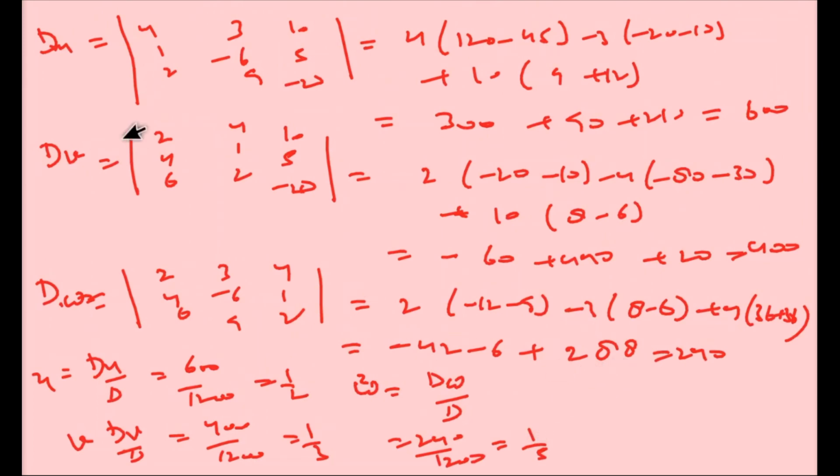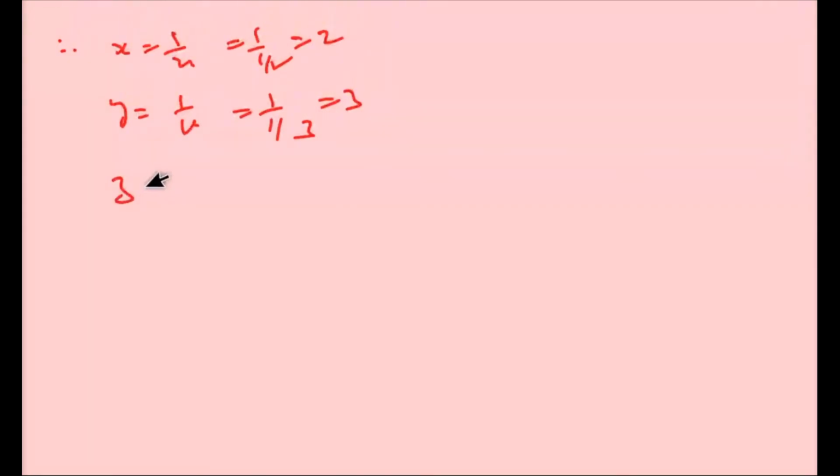Okay, hence we can get the value of x equal to 1 upon u, that is 1 upon 1 by 2 equal to 2, and y equal to 1 upon v, 1 upon 1 by 3 equal to 3, and z equal to 1 upon w, 1 upon 1 by 5 equal to 5. So students, our answer is x equal to 2, y equal to 3, z equal to 5.